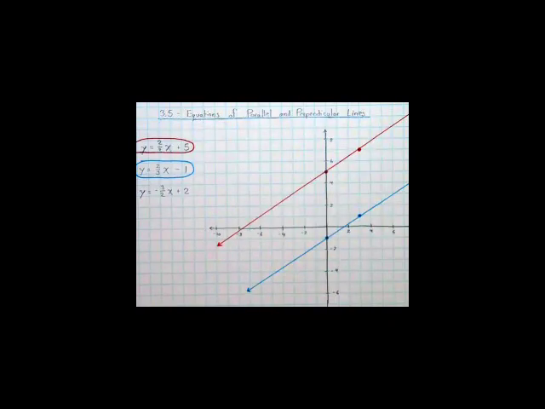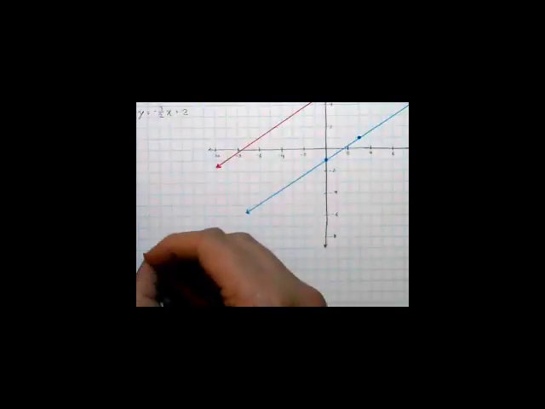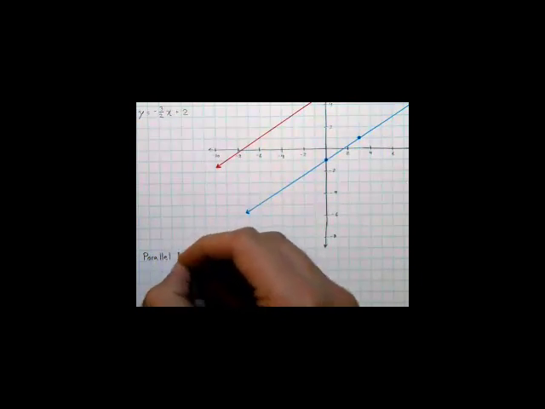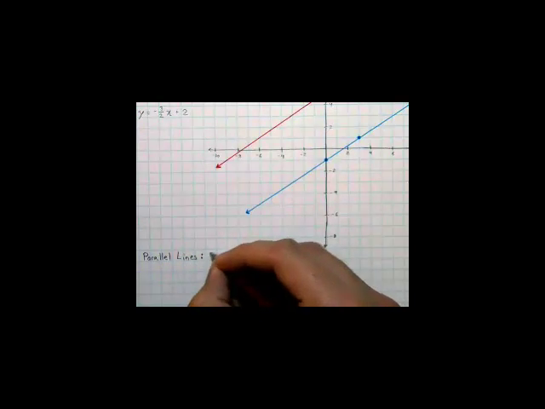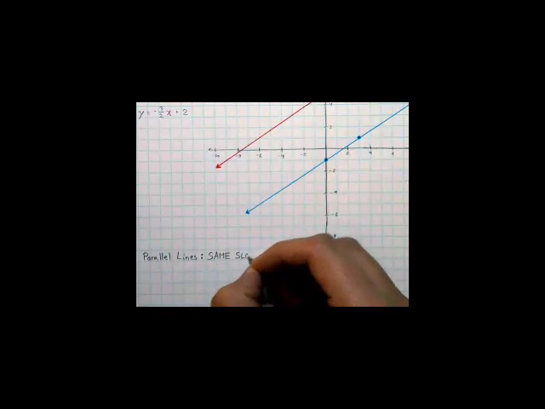Slope is the same. Okay. So before we graph this third one, let's just go down underneath this and write that down, because that's important. So parallel lines have the same slope.